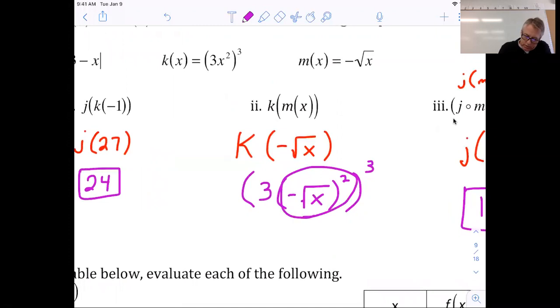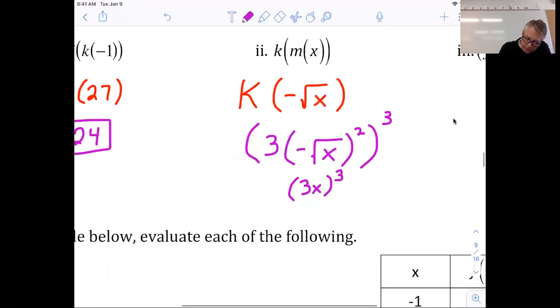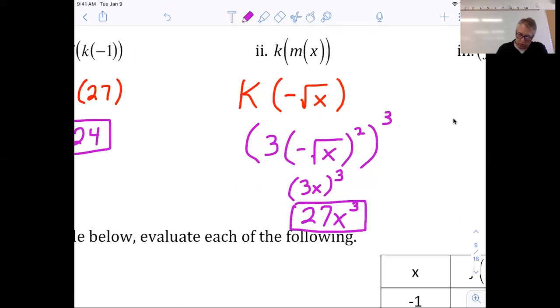This negative times negative will be positive, and the square root of x times square root of x will just be x. So that's going to give me 3x cubed. And so then I have to cube the 3 and cube the x. So the final answer is 27x cubed.